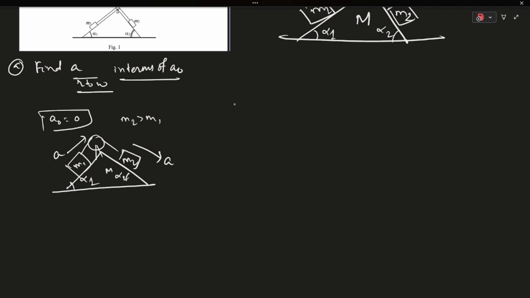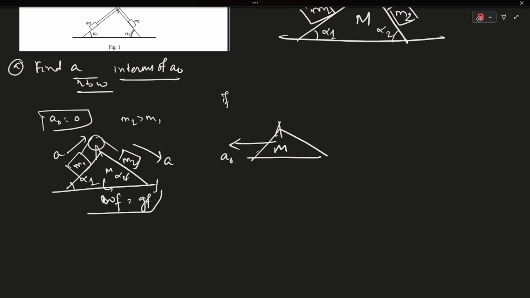So if I say the wedge M is moving towards left with acceleration A naught, here the wedge frame equals ground frame because there is no acceleration. It is an inertial frame of reference, but this is a non-inertial frame of reference. Here if we see from the wedge frame of reference, then we have to apply pseudo forces.